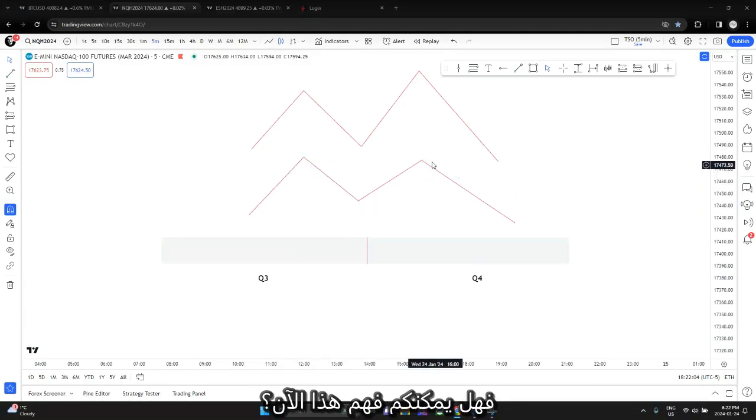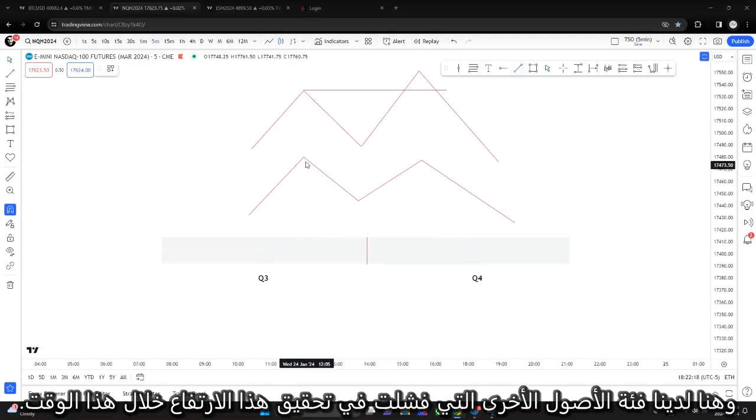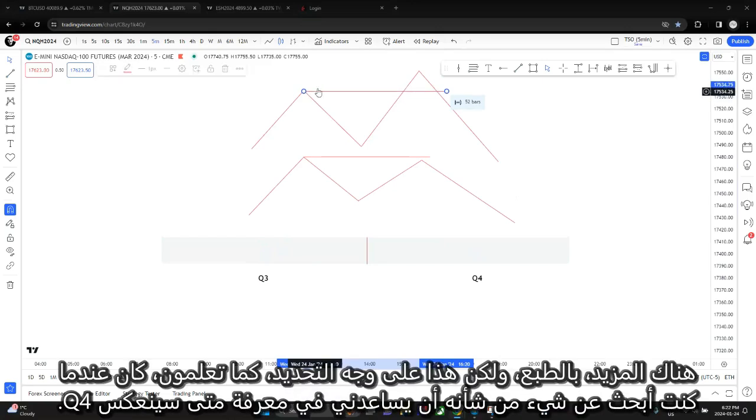So can you guys understand this now? Here we have a liquidity pool being taken out during Q3 and Q4, and here we have the other asset class failing to make that high during this time. So this is the basics of sequential SMT.